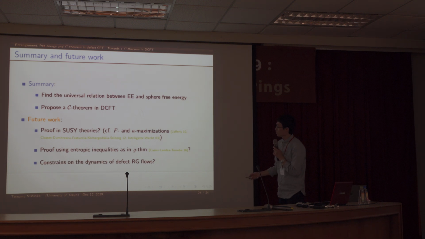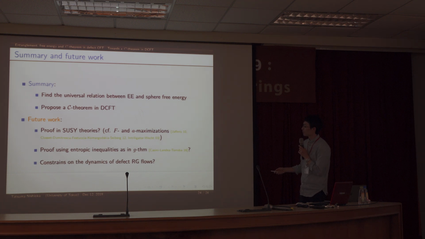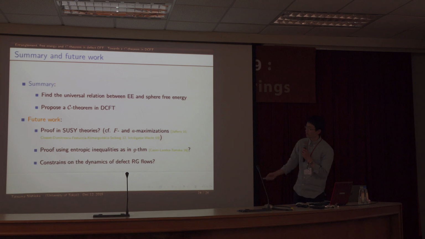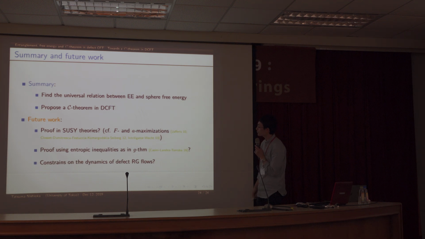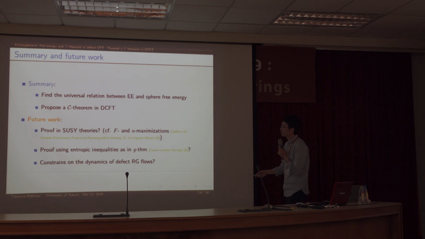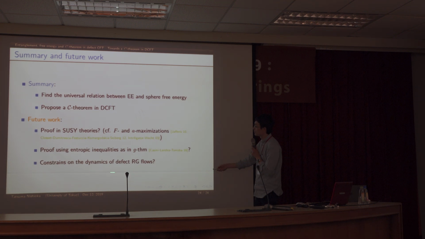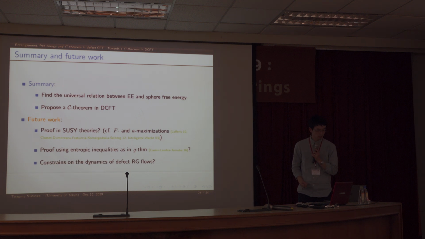So it may be possible to prove our conjecture using the monotonic properties of entanglement entropy or sphere free energies. And it is more interesting to constrain the dynamics of defect RG flow. Once you believe our conjecture, maybe you can constrain the RG flow itself. Maybe our conjecture gives some non-trivial constraints on the dynamics of RG flows.